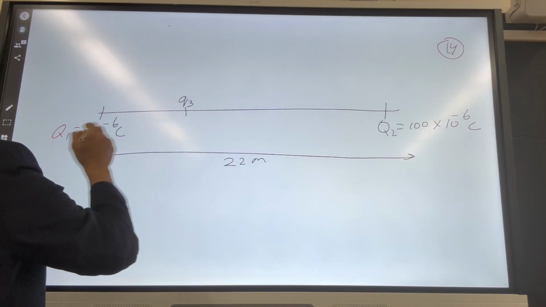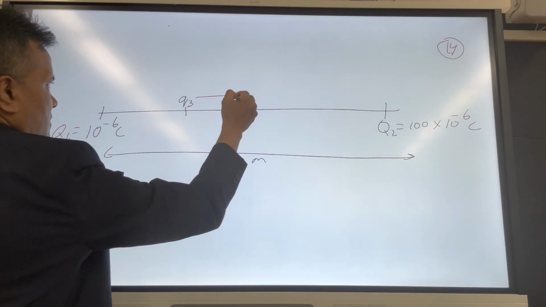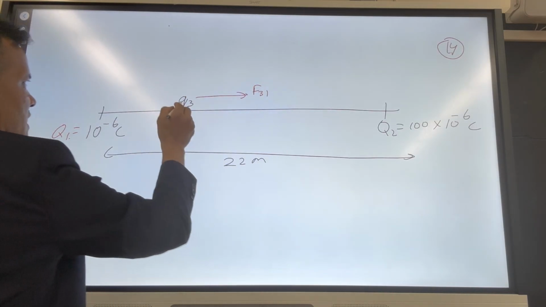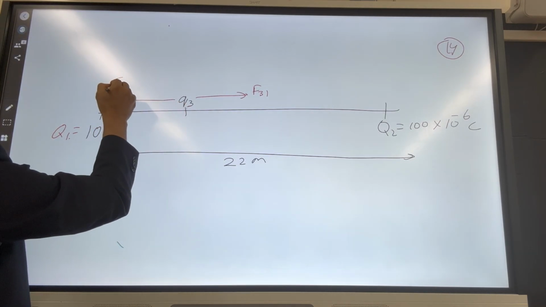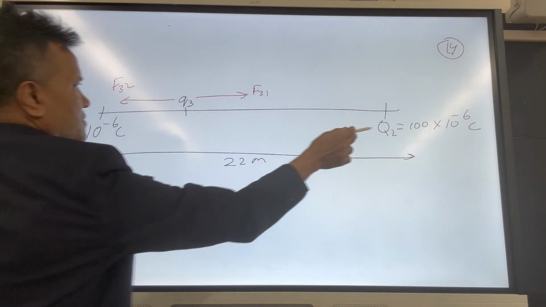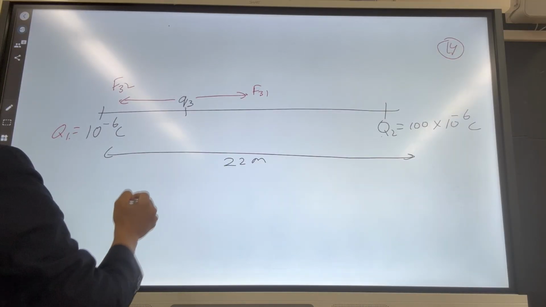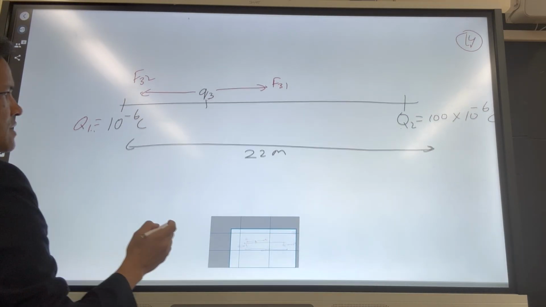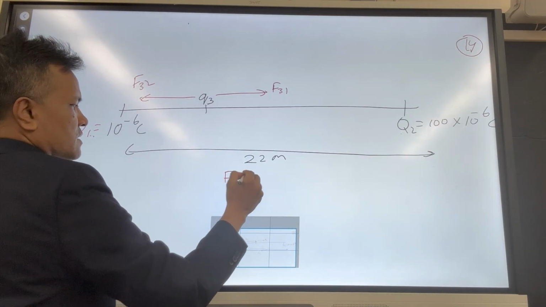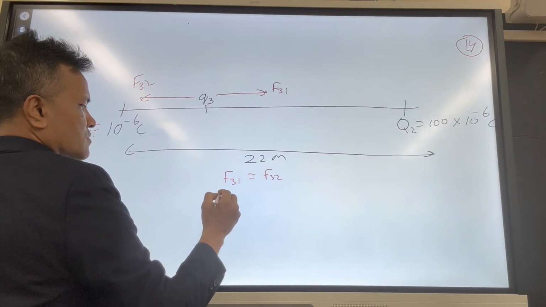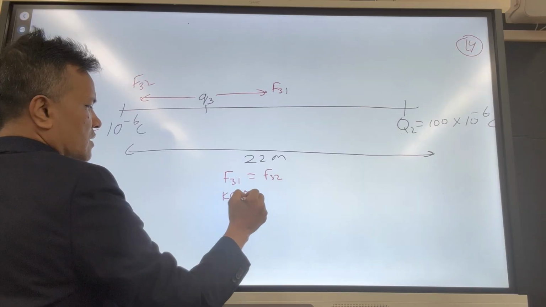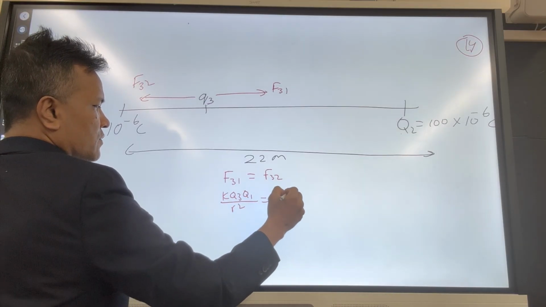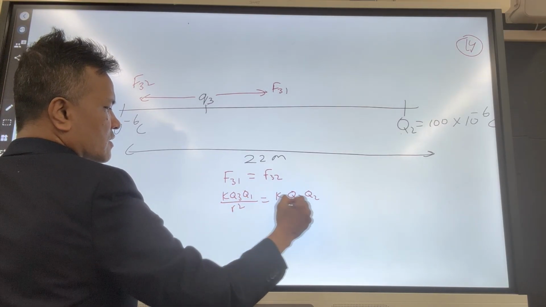So F31 should be this way, and F32 should be this way. Why is that? 3 and 2 repel, 3 and 1 repel. So you're going to write F31 is equal to F32. So K Q3 Q1 over R squared is equal to K Q3 Q2 over R squared.